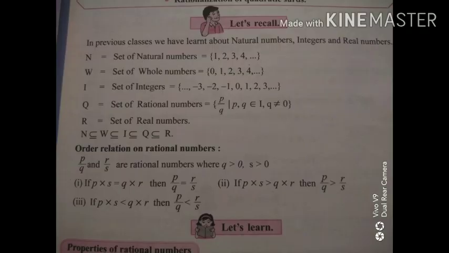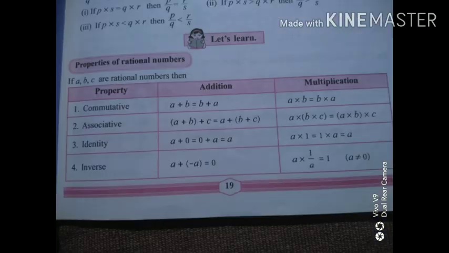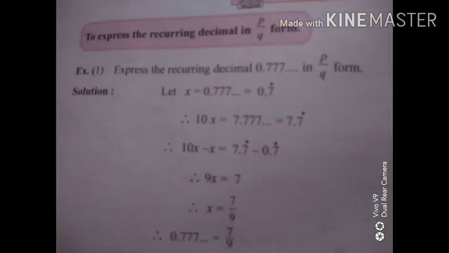So here we have given N, the set of natural numbers, W, the set of whole numbers, I, the set of integers, Q, the set of rational numbers. Here we have given the properties of rational numbers, that is commutative property, associative property, identity.